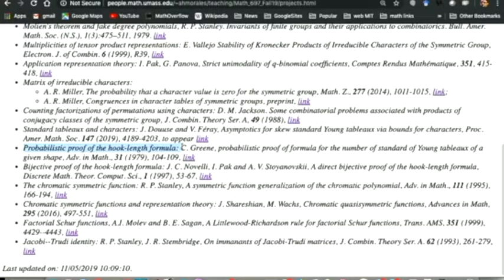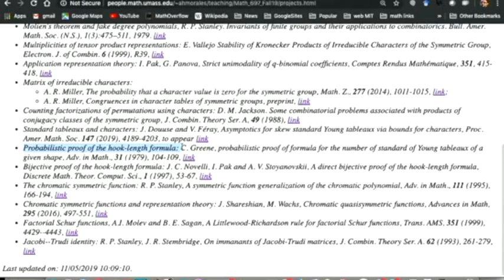The next projects are two about the chromatic symmetric function. This symmetric function was defined by Richard Stanley, and it generalizes the chromatic polynomial of a graph. The first paper is the original paper when they were defined. The second one is chromatic symmetric functions and representation theory.